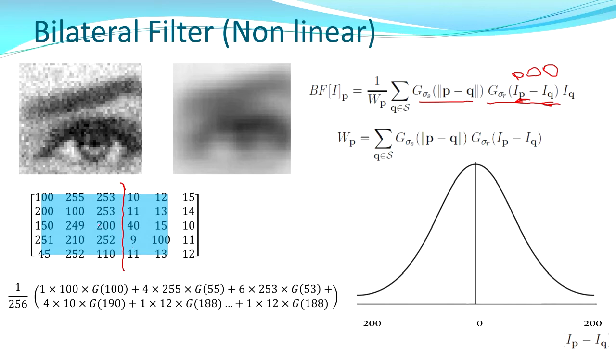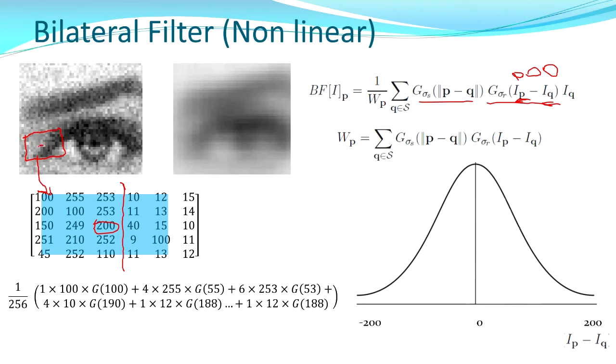So suppose 200 is my center pixel. Now you can see that this 200 is closely related to these pixels. In the picture, suppose I have this particular patch, these numbers belong to this patch, and 200 is somewhere over here. This is the central pixel that we have.